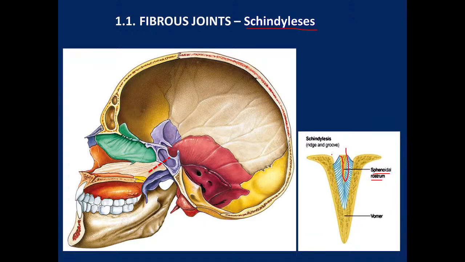It enters between the other bone having a split here. It is a very special kind of fibrous joint, and we find this type of joint also in cranium bones.